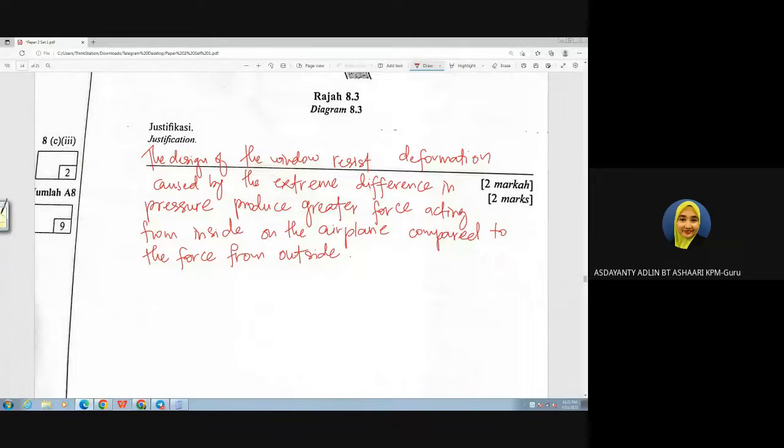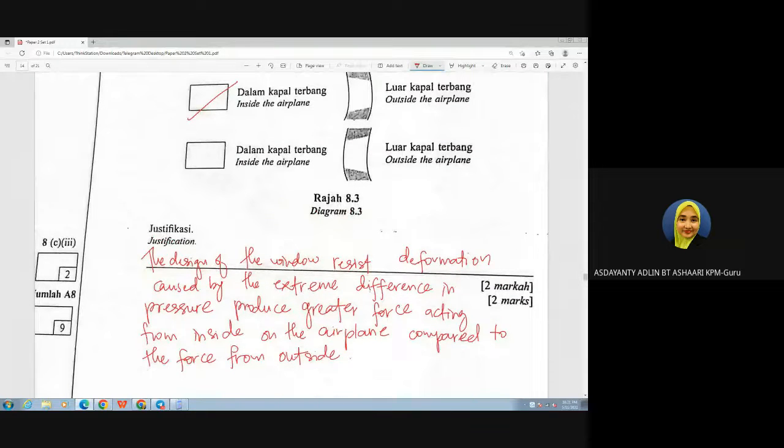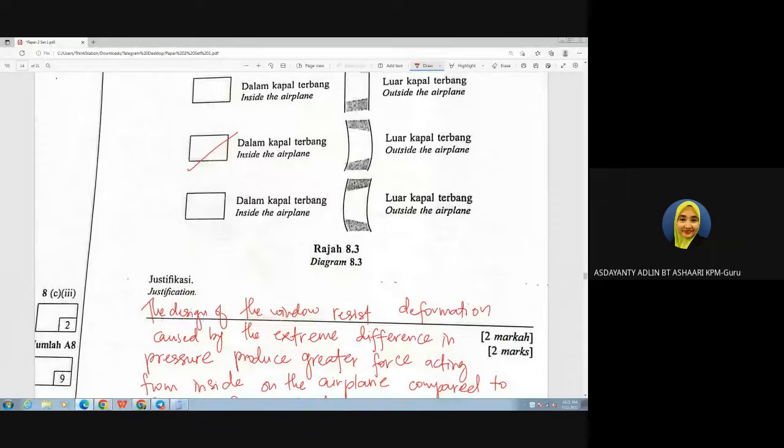Okay, pressure inside is actually greater than outside. So when we create the design, we know it must be curved because inside the airplane there must be greater force. So it is more curved on the inside compared to the outside.